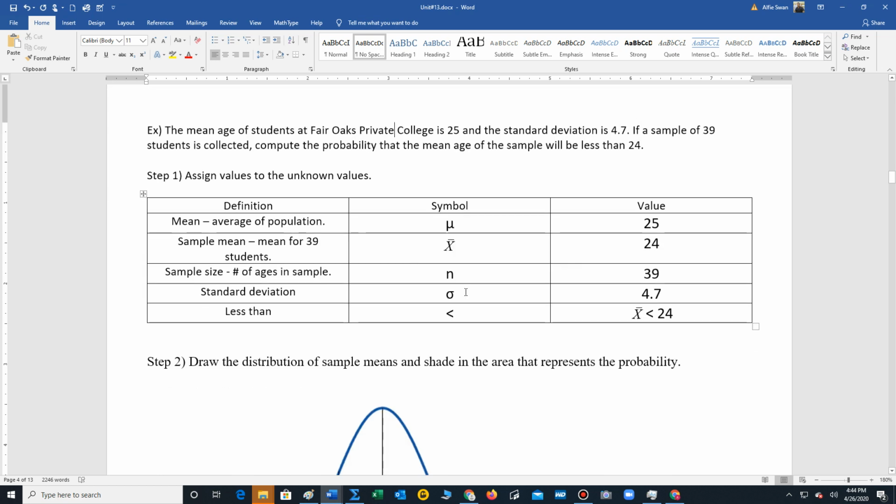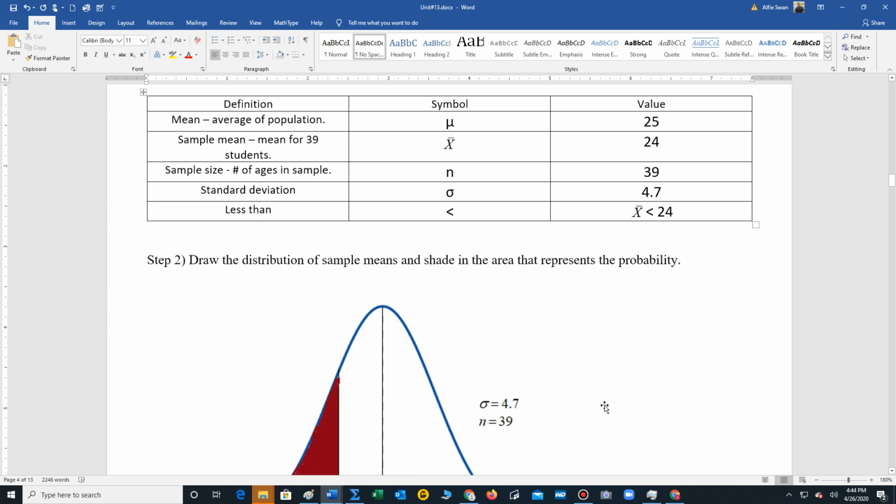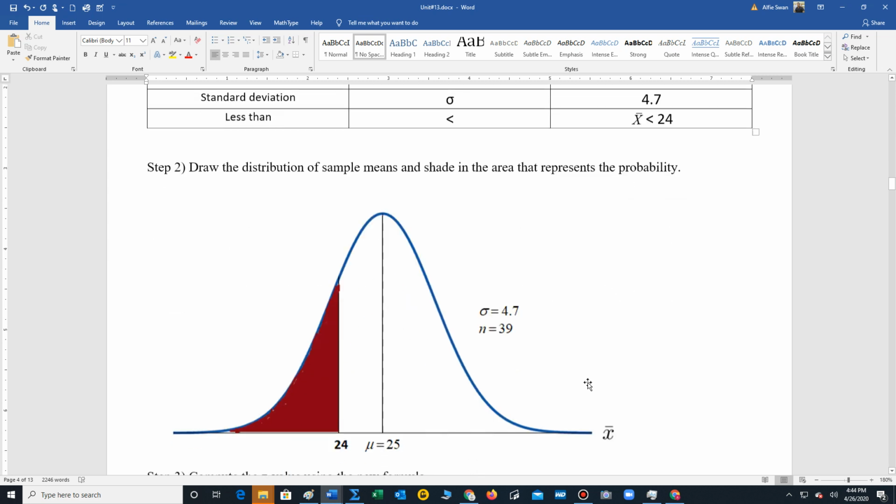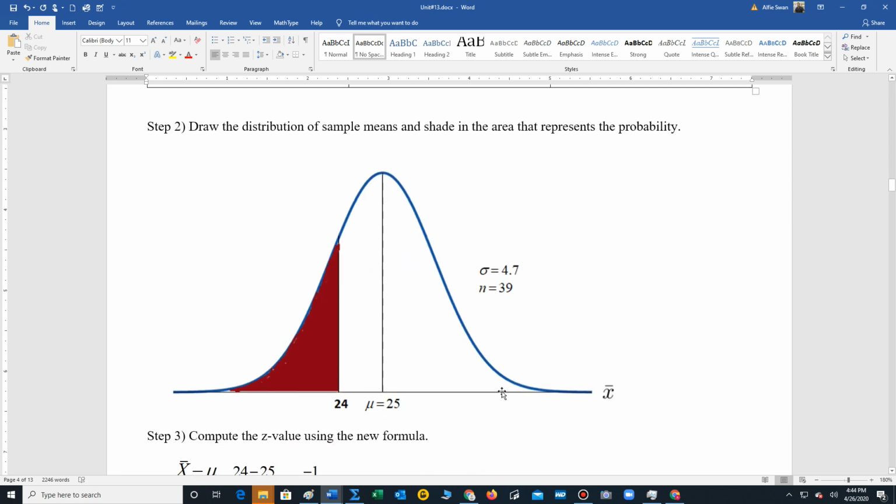And then when it says less than, we have to think of this symbol. This symbol means less than. So we're saying that the average age is less than 24. Since our sample size is greater than 30, we can go ahead and graph the normal distribution. The mean is at the center, it's 25.